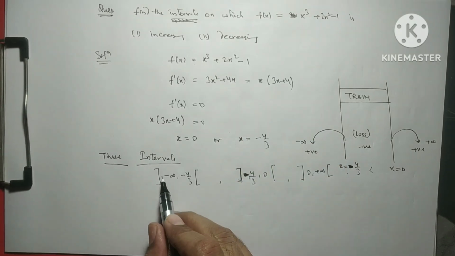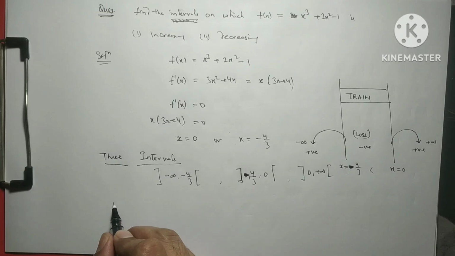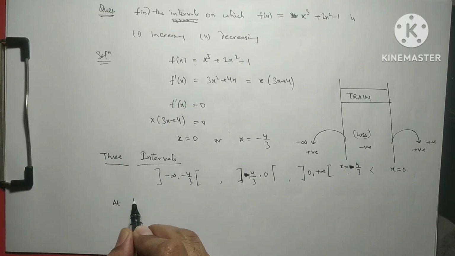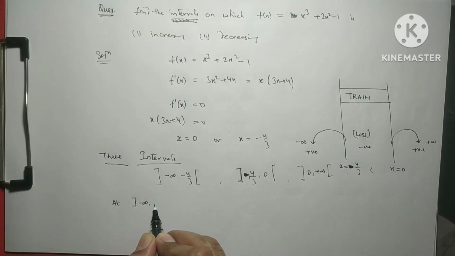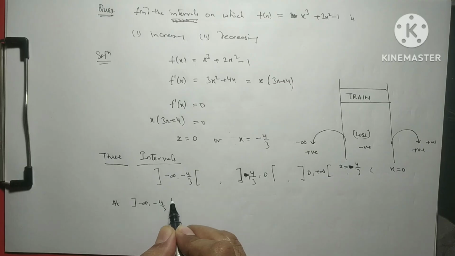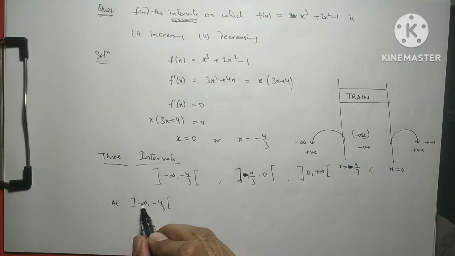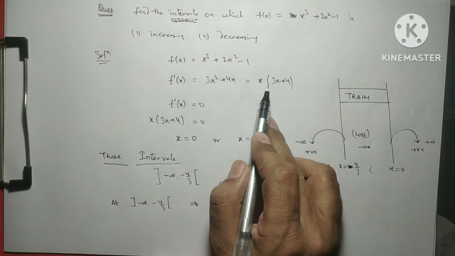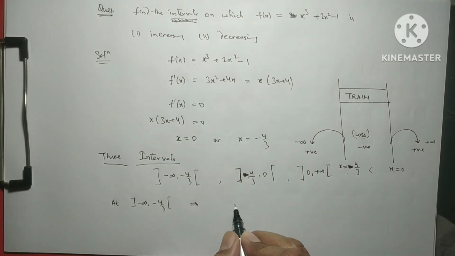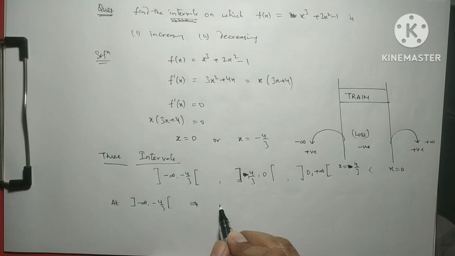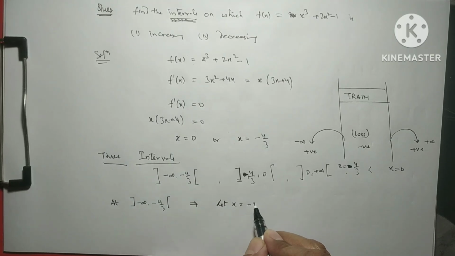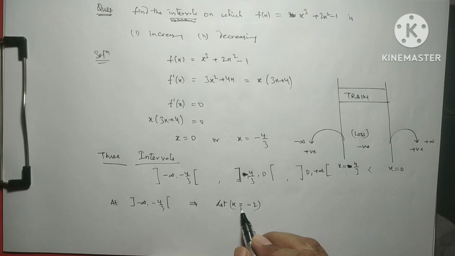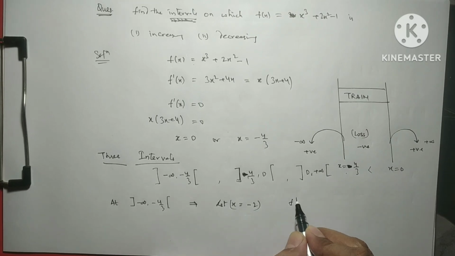So first we take minus infinity to minus 4 by 3, and we will put any value in between these into the first derivative. Let x be minus 2 and we put this value in f dash x.